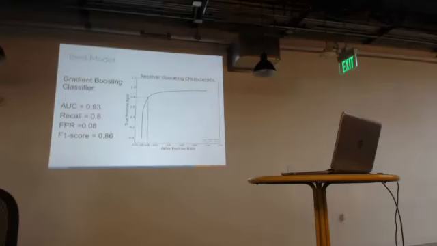Recall is, out of the loans that default, how many default loans you can predict. And there is FPR, which is how many loans you are predicting as default but are not default. And then area under the curve is basically the area under this curve.